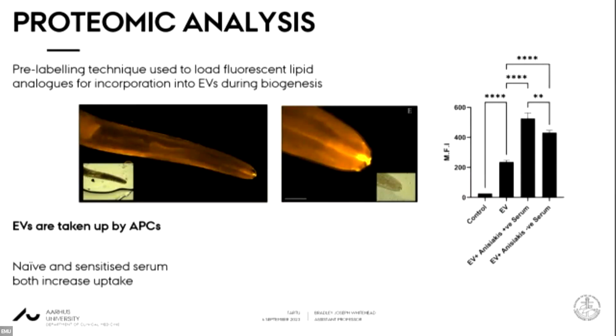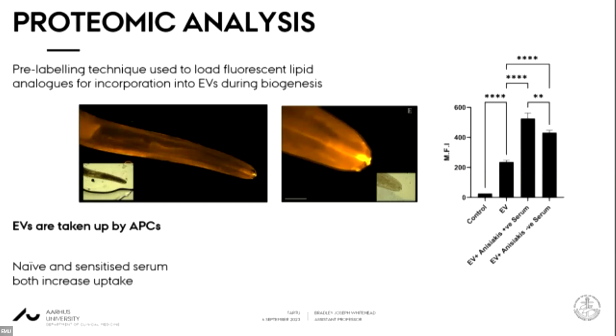So given the role of this worm in allergy, we wanted to see, are these EVs taken up by antigen-presenting cells? So we developed a new labeling method because helminths don't synthesize their own fatty acids. They take them from the host. So we used fluorescent lipid analogs, and we can actually feed the worms with these fluorescent lipids and then isolate EVs afterwards that are fluorescently labeled.